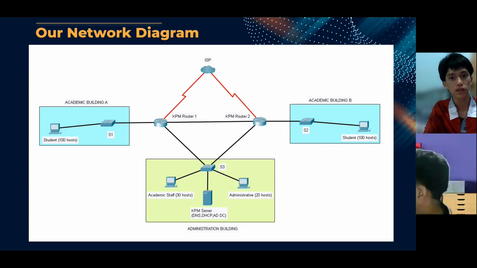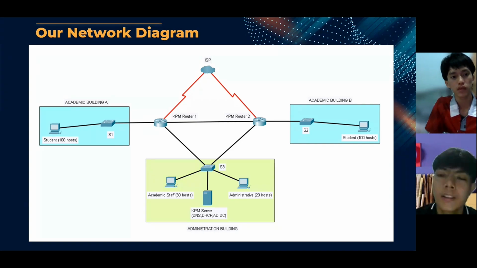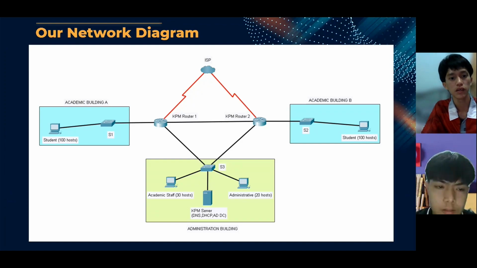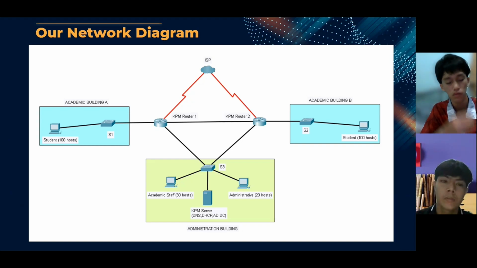As you can see here, this is our network diagram. From here, first you can see the ISP, and then KPM router 1, KPM router 2, and academic building A, which has a switch 1 with PCs that can occupy 100 students.